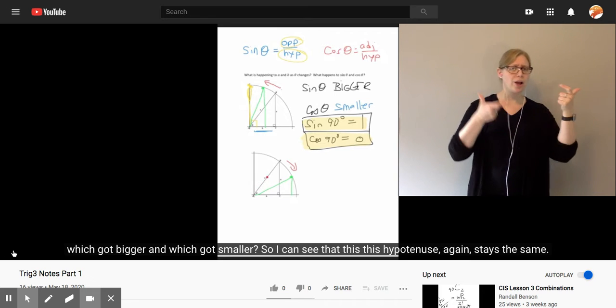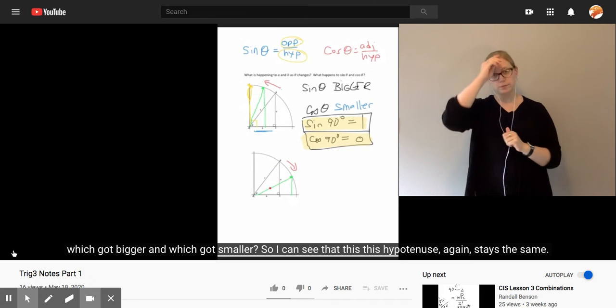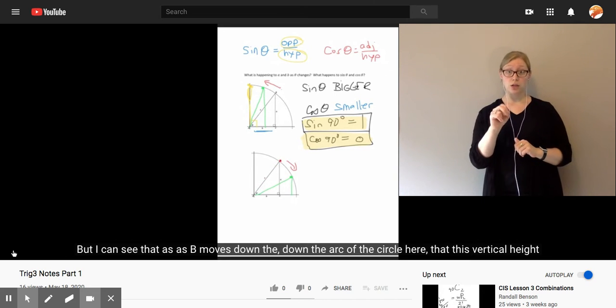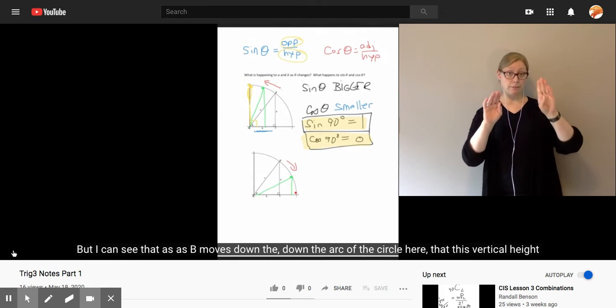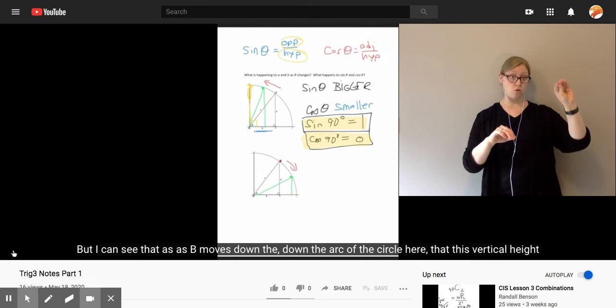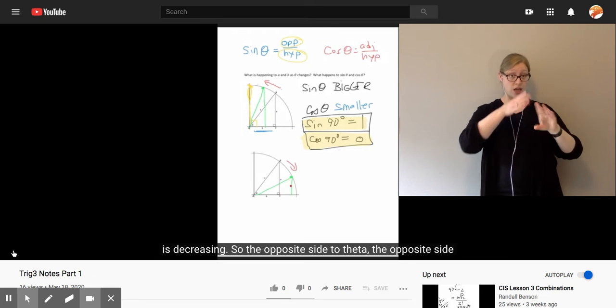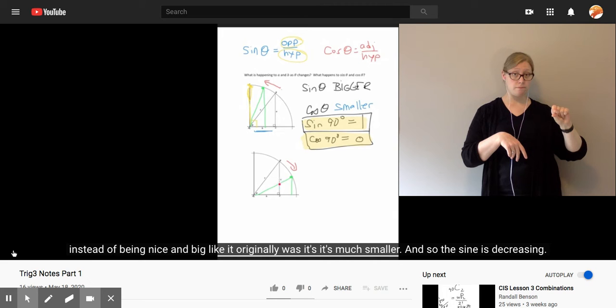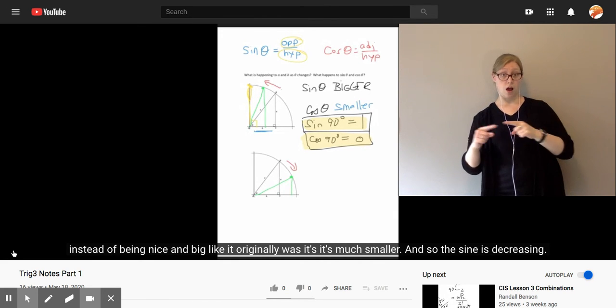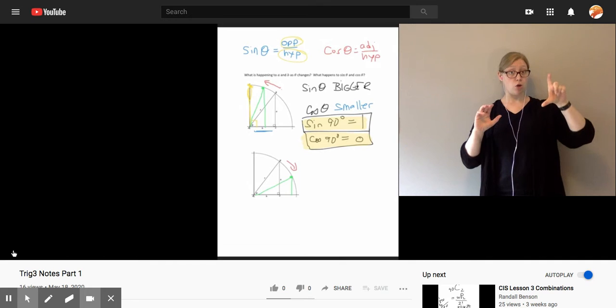So I can see that this hypotenuse again stays the same, but I can see that as B moves down the arc of the circle here, this vertical height is decreasing. So the opposite side to theta, instead of being nice and big like it originally was, is much smaller. And so the sine is decreasing.